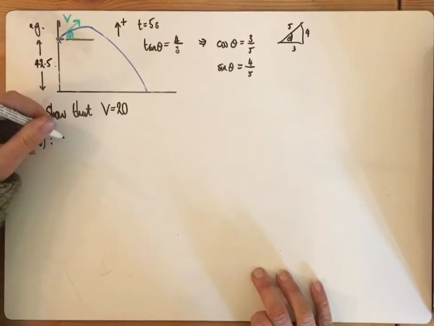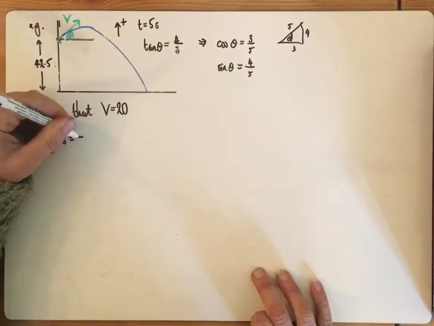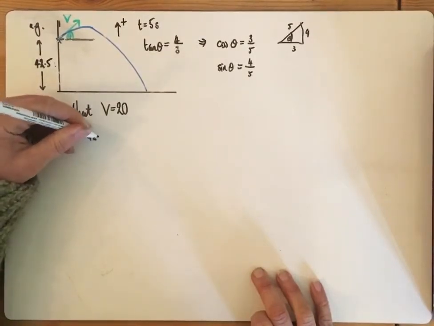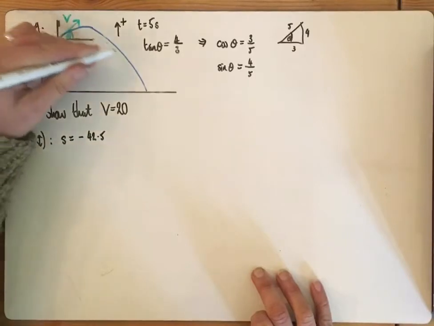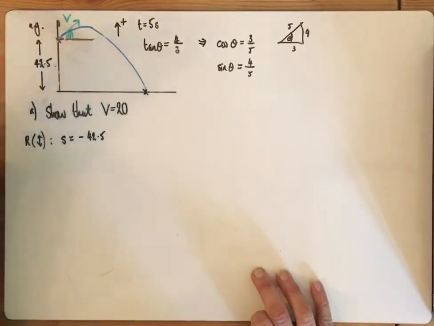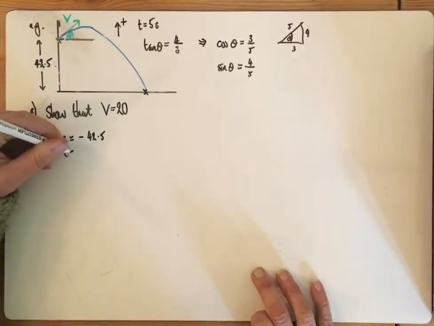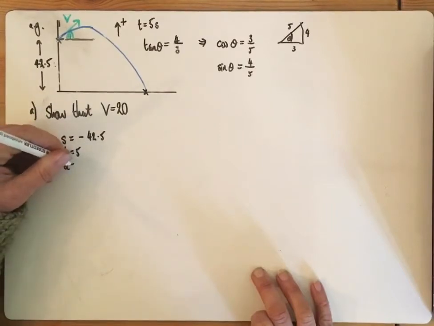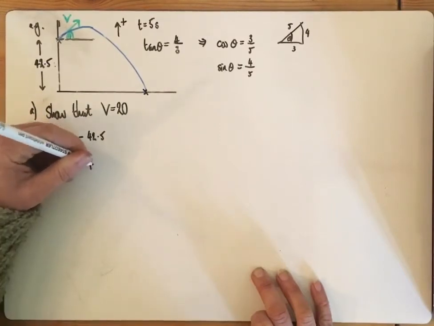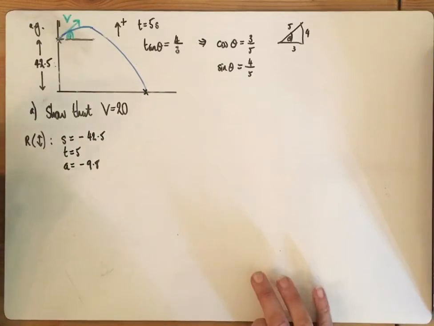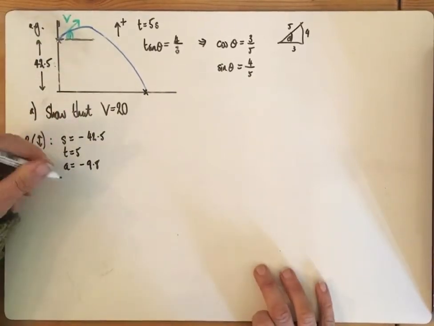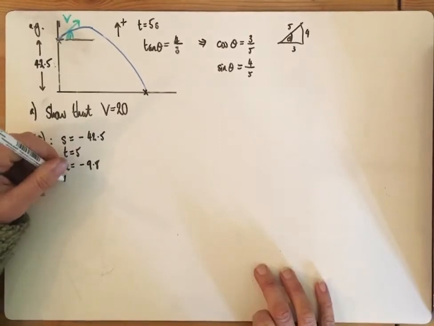And so the displacement S is going to be minus 42.5 when it comes down to here. Time of flight is equal to 5. Acceleration is downwards, so negative 9.8. And we want the initial velocity, but it's called V, so we want U.